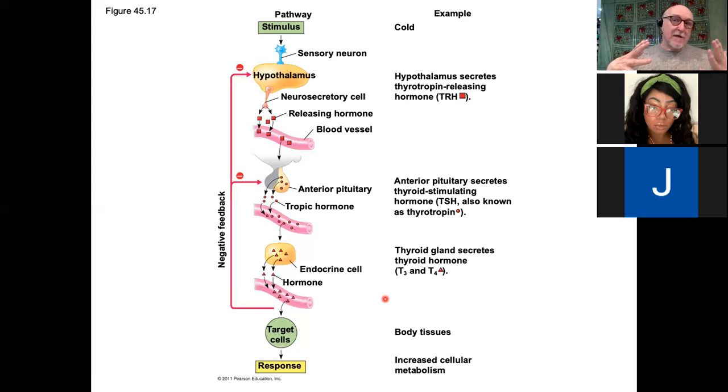It's a waste product of metabolism. But we carefully manage our body temperature by regulating how much heat we generate and how much heat we release. And the generation of heat is regulated by thyroid hormone.